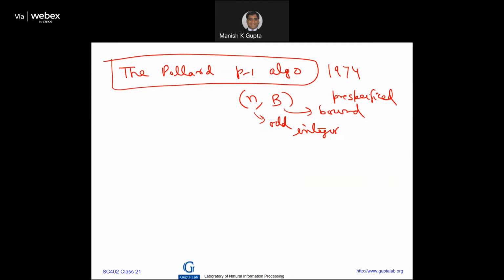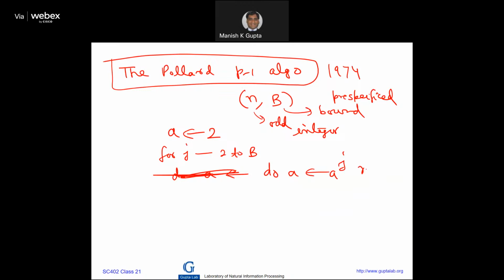So the algorithm goes like this: initialize a with 2, then for the loop j from 2 to b, do a equals a raised to power j mod n. Then d is the GCD you compute between a minus 1 and n. If 1 is less than d is less than n, then return d.